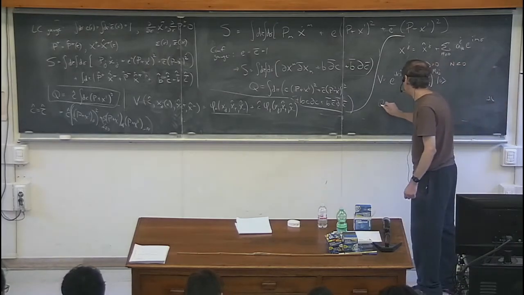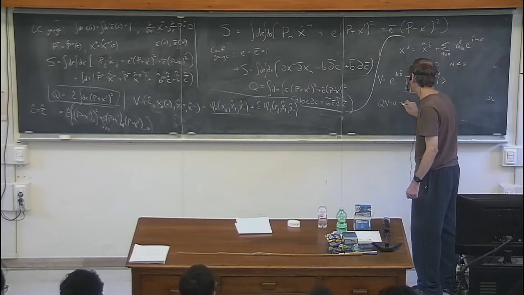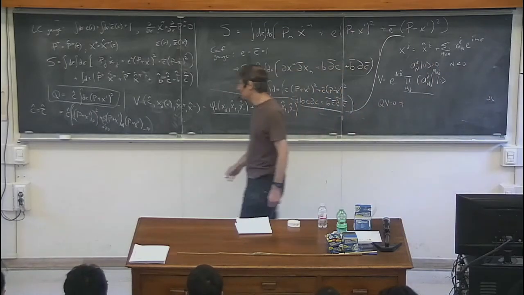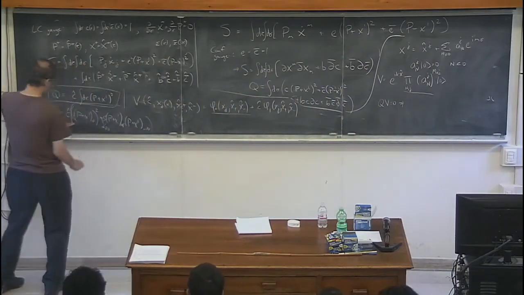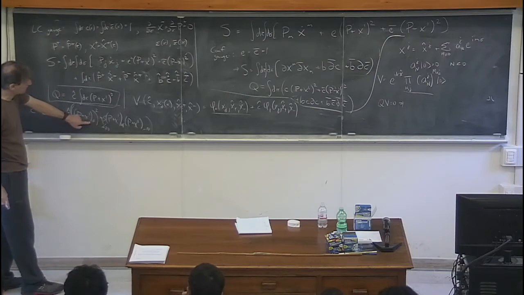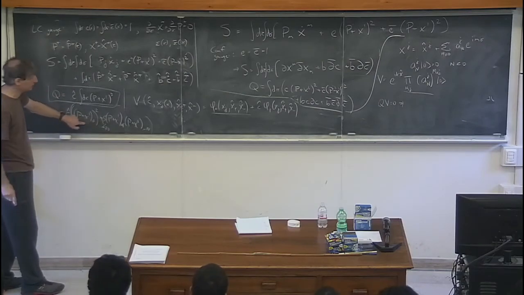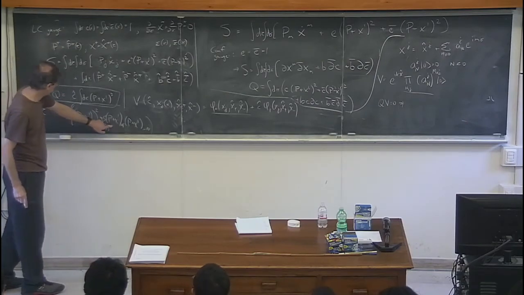And then QV equals 0 is going to give me an equation that tells me that this operator acting on that, which is just going to give you k squared, is related to this object acting on it.